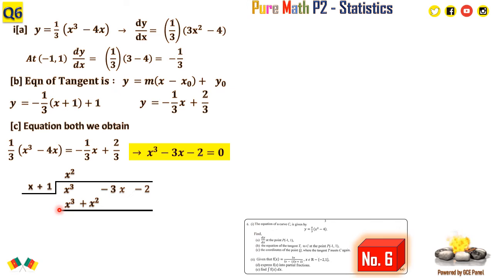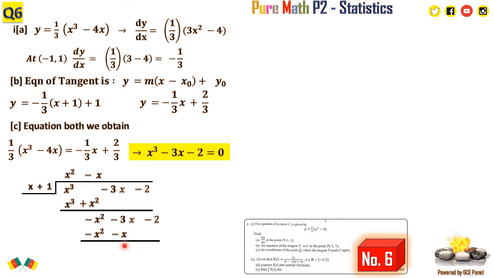Now we subtract. x cubed minus x cubed is 0, and nothing minus x squared is -x squared. For the values you have not used, you can just bring them down like this. Now, -x squared divided by x is -x. And from here, -x times x is -x squared, -x times +1 is -x.